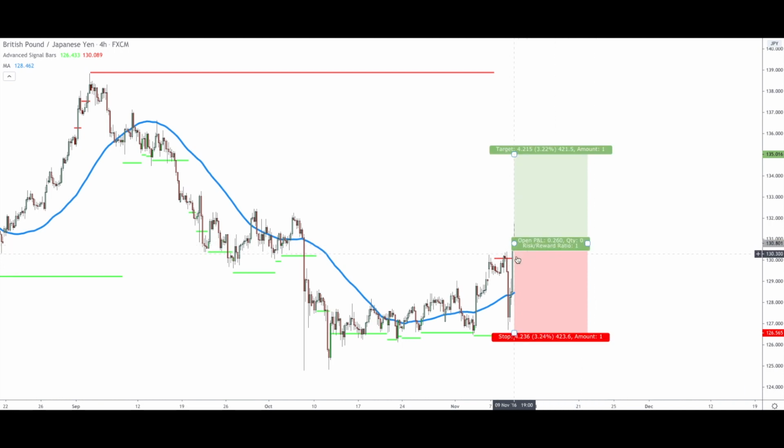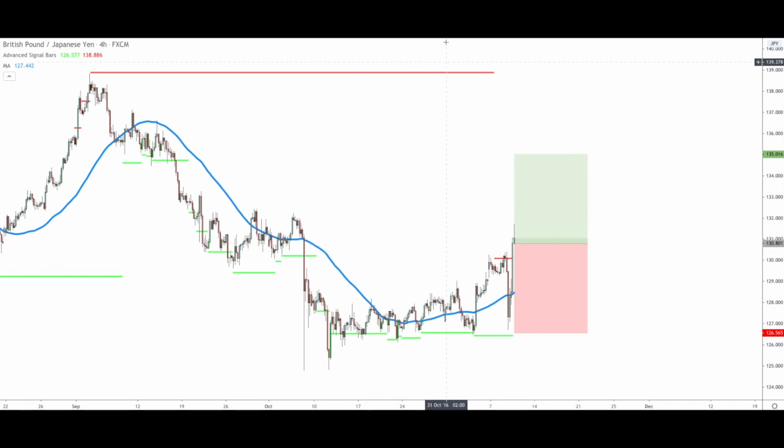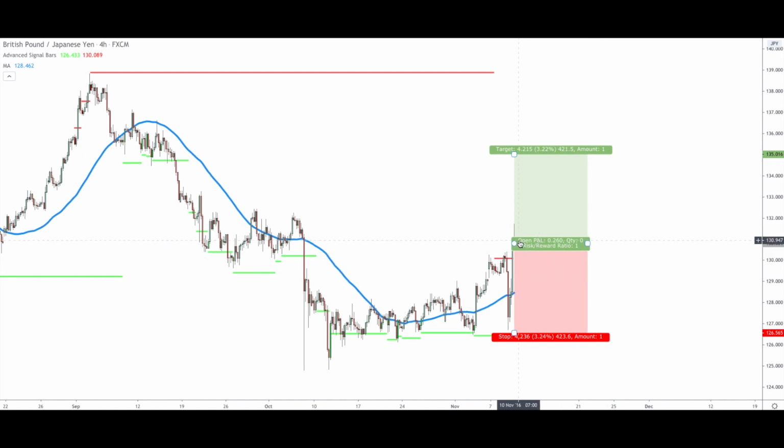What happens here is that when you are working on a typically trending asset, an asset that moves quite dramatically up and down, so you have trends, not an asset that is pretty flat and moves sideways, then you can maximize your profits because you are likely going to see the price reach your target.